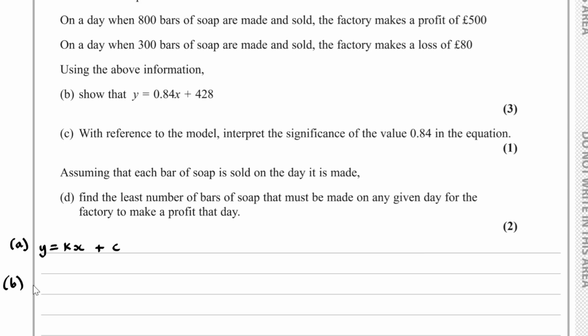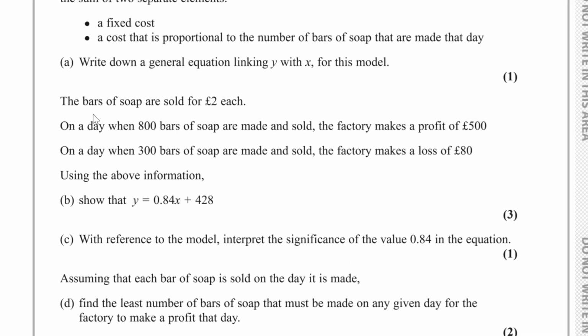Part B. The bars of soap are sold for £2 each. On a day when 800 bars of soap are made and sold, the factory makes a profit of £500, and on a day when 300 bars of soap are made, the factory makes a loss of £80.